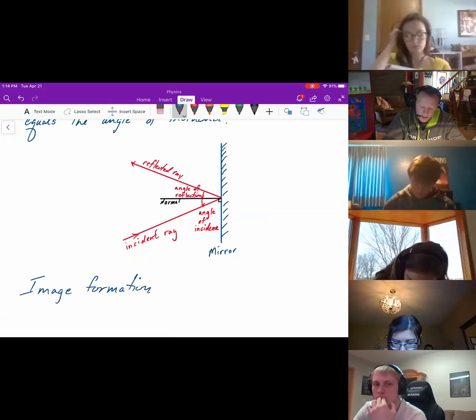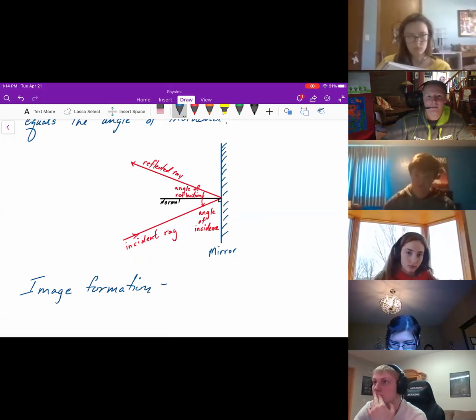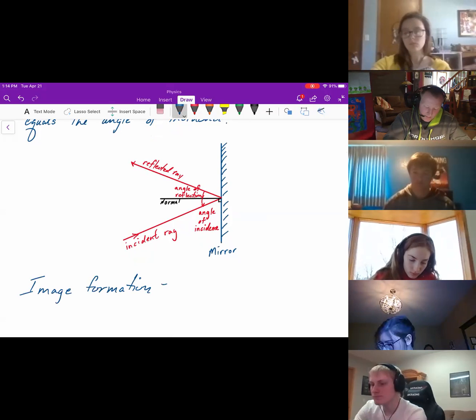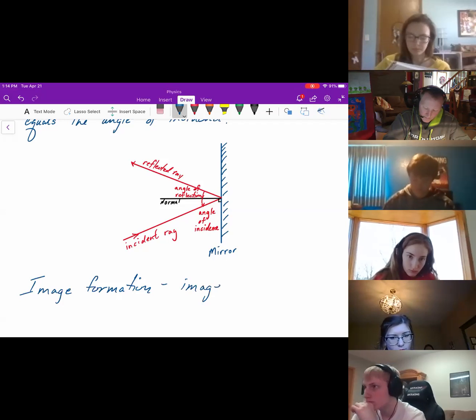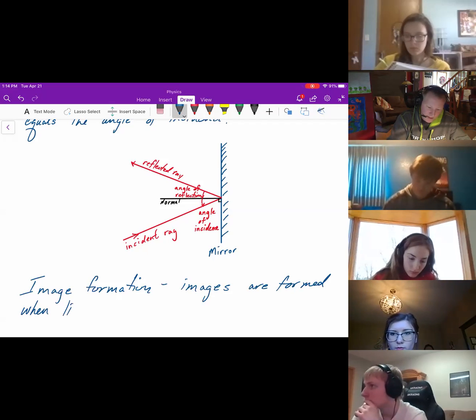What we call images occurs when light rays bounce off different parts of a mirror in this case, and then form or intersect at one point. I should say, when reflected rays intersect.